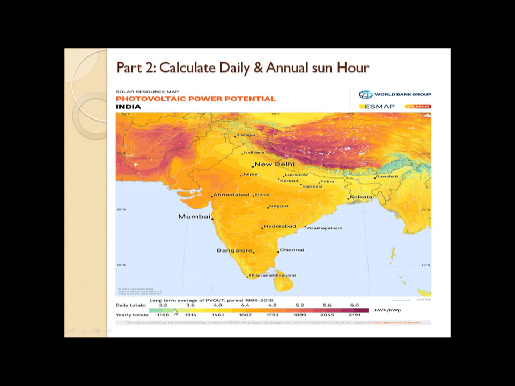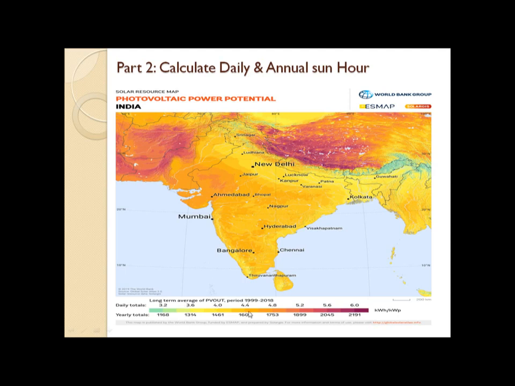For example, 3.2 here is Gauhati. So 3.2 is the maximum sun hour over the day of 12 hours from morning 6 to evening 6. It extends up to 6 hours per day in the graphical map of India.